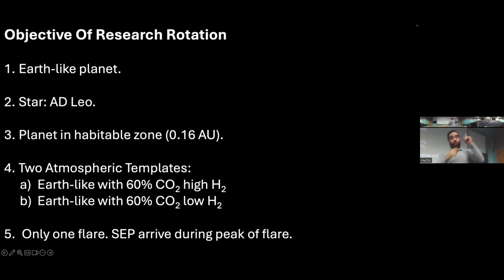Then I added just one flare, and with that flare, just one SEP event. I say that because in M stars, which have a convective envelope, we expect flares to happen more frequently. So this is just the basis of the work. We're just adding one flare to see what happens, and future work would be to add more flares to see how that affects the atmosphere.